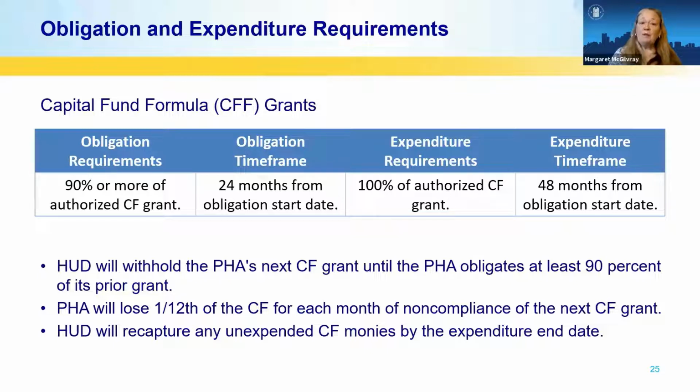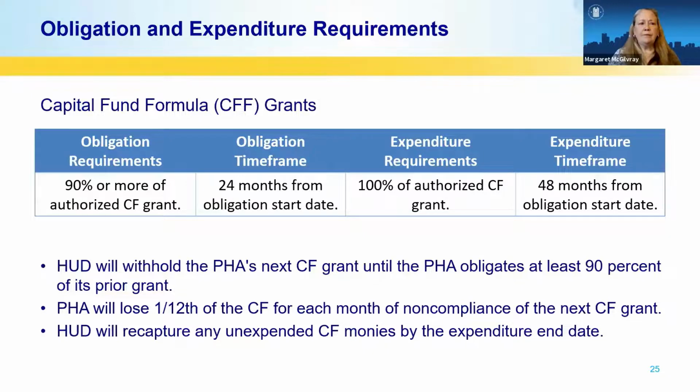So with each month that passes, they withhold 1/12 of that capital fund. And if the PHA fails to obligate 90% of the grant by 12 months, then they will recapture the entire amount or whatever is unexpended at that point in time. So let's look at an example of that so you can understand that more acutely.